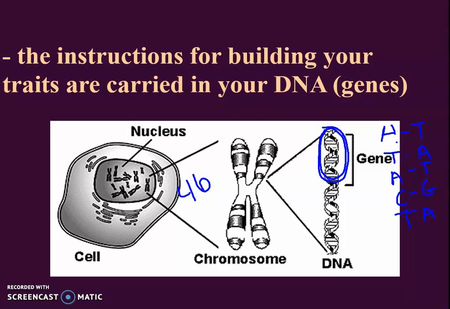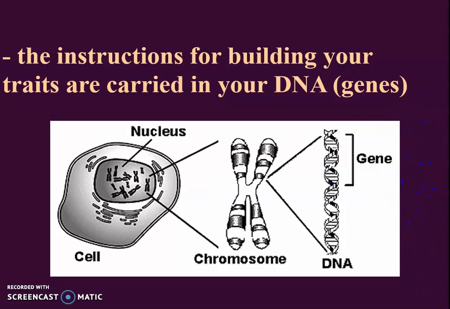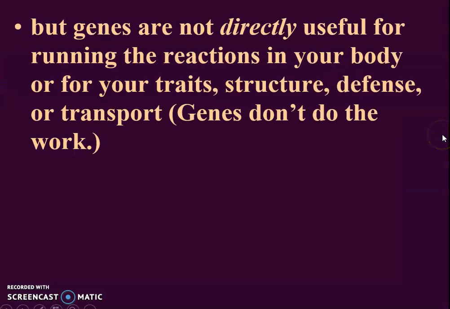If we're using that example of the eye color on the previous slide, this code of DNA right here actually represents one of those genes. Maybe that sequence is a genetic code for brown eyes. So the code for brown eyes is carried on a gene in a series of A's and T's and C's and G's in chromosomes in your nucleus. So your cells are able to take this information, like a code, and use it to express your eye color, for example, if we're sticking with that throughout this.